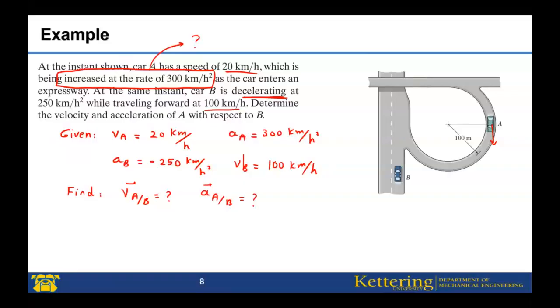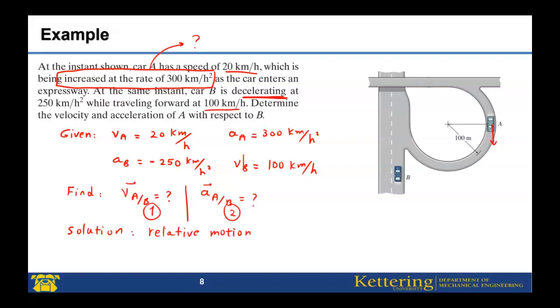To find them, I will use relative motion. I divide this problem into two parts. First, I will solve the relative velocity. For the second part, I will find the relative acceleration.